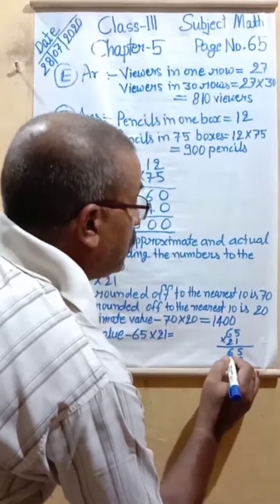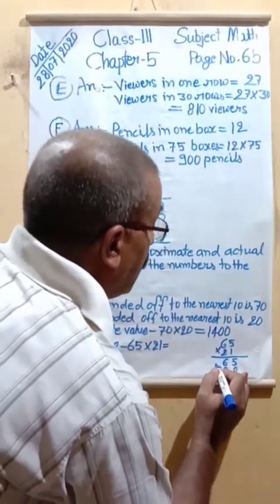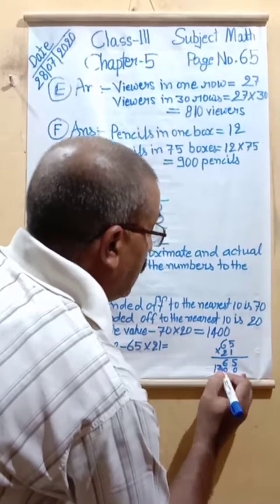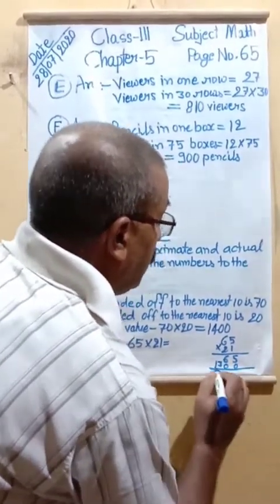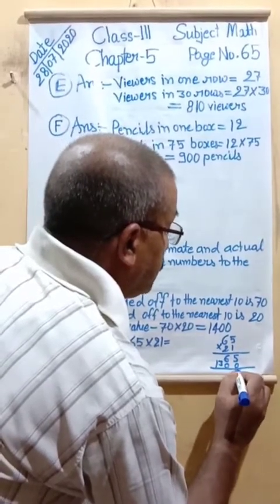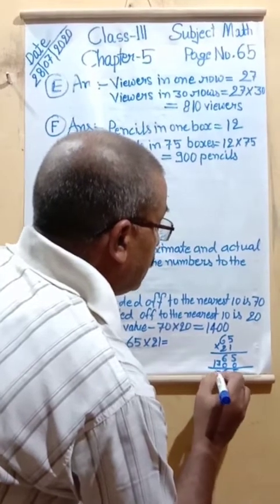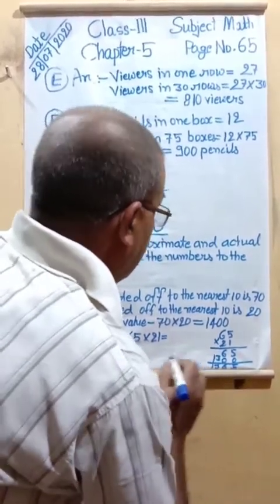We will write here 0, carry 1, 6 2 ja 12 or 1, 13. Then we will add here 5, 0, 5, 6, 13.